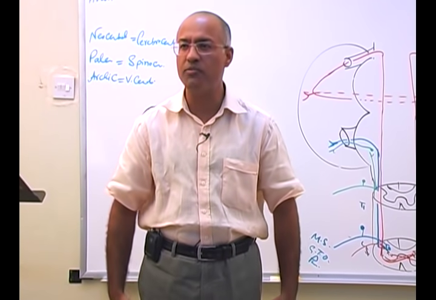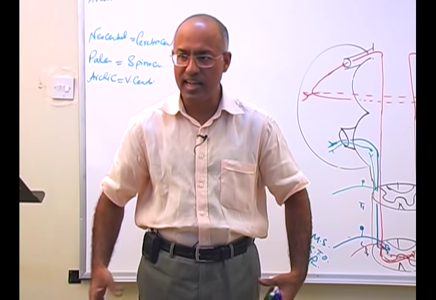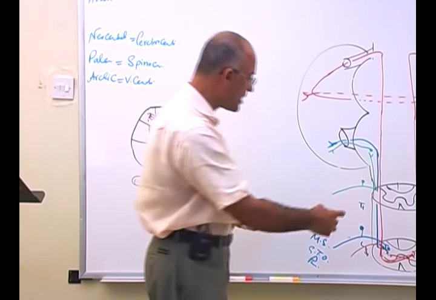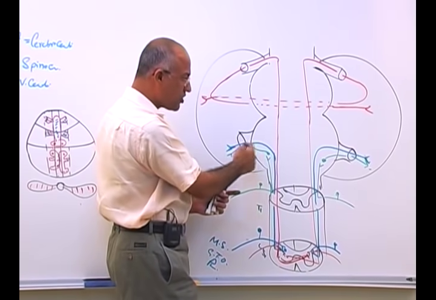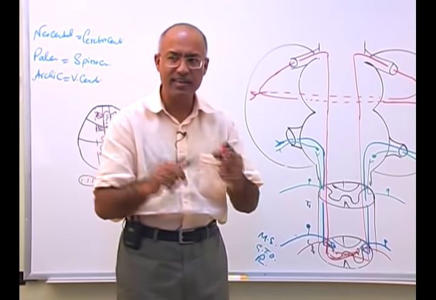That information will come from where? From the Golgi tendon organs and from the muscle spindles as the action is going on, right? So information is coming through the dorsal spinocerebellar tract, through the cuneo-cerebellar tract and through the ventral spinocerebellar tract. Is that right?